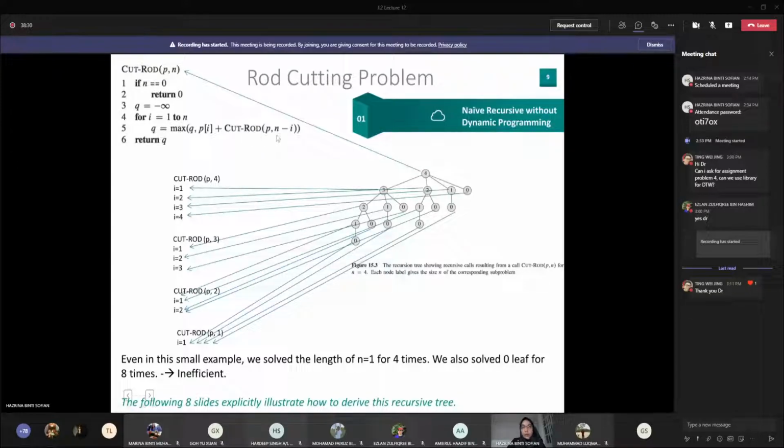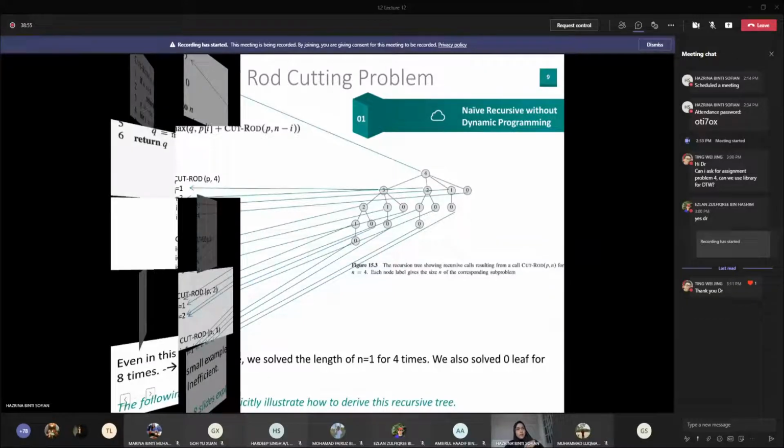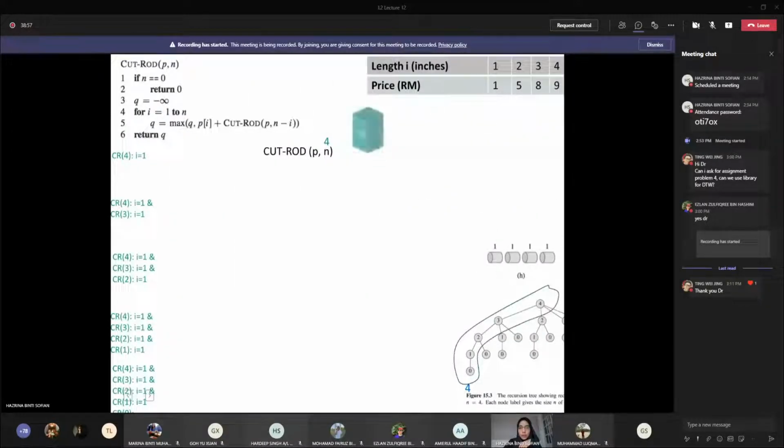When it enters the fifth line, it is n minus 1, so 4 minus 1 will be 3. So now our cut rod is 3. For cut rod 3, I goes until n only, so I 1, 2, 3. There's no I equivalent to 4. That's why we won't get a negative value.